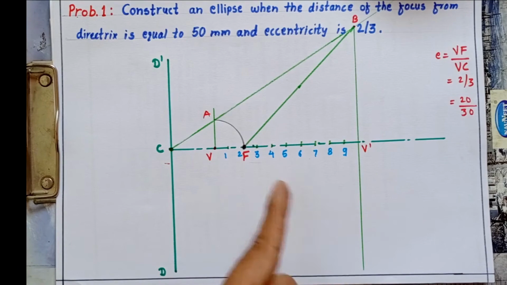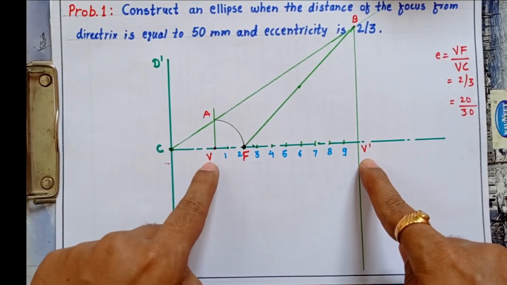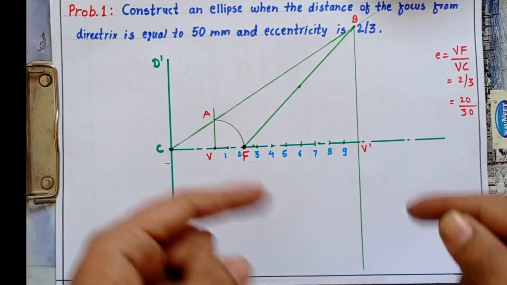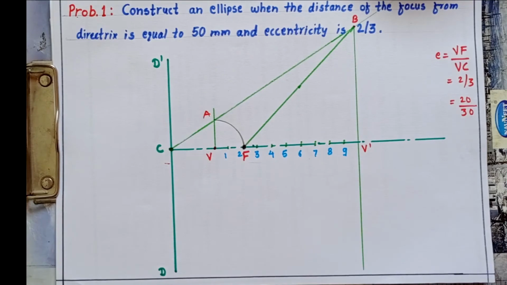So the division of that distance V to V dash, you may divide it into 8, 10 or 12 equal parts. Fine, right now I divide it into say 9 parts.